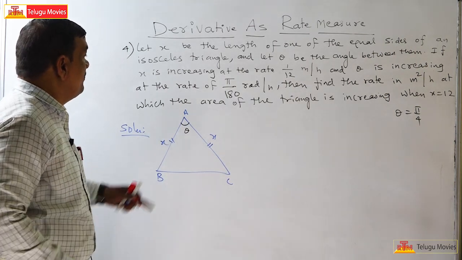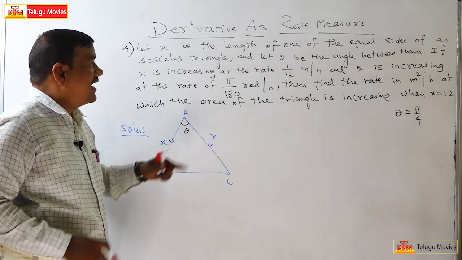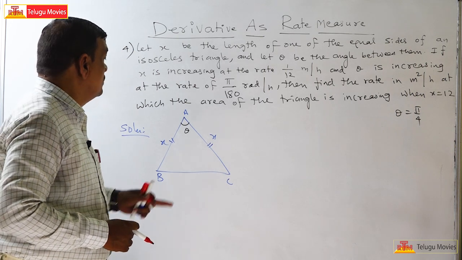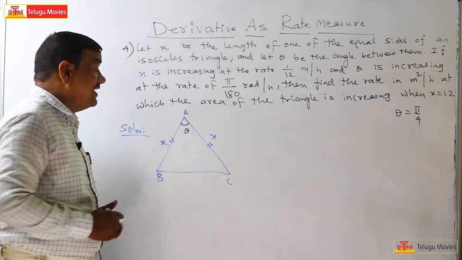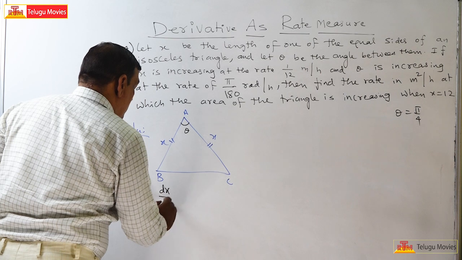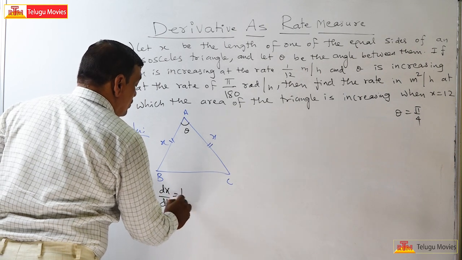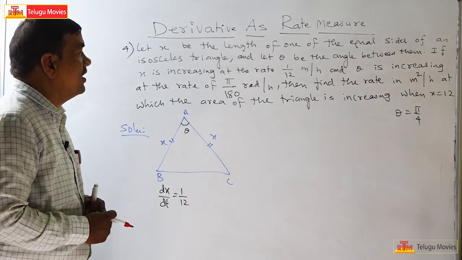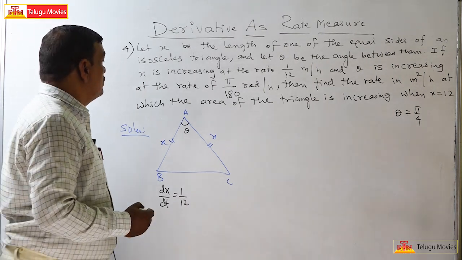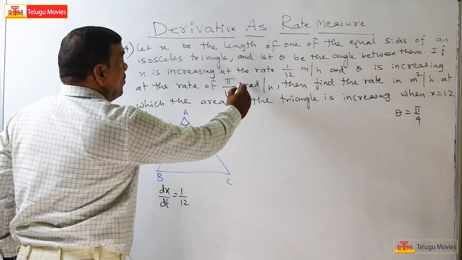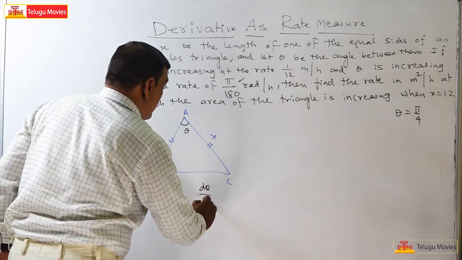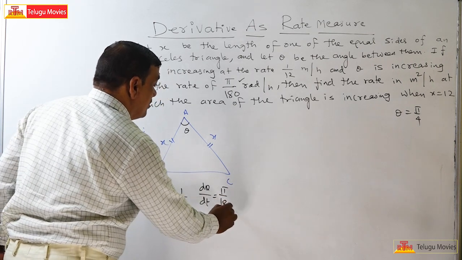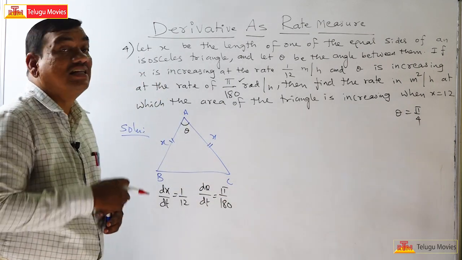If x is increasing at the rate of 1 by 12 meters per hour, that means this side x is increasing. That means dx by dt is given as 1 by 12 meters per hour. And theta is also increasing, so d theta by dt is equal to pi by 180 radians per hour.